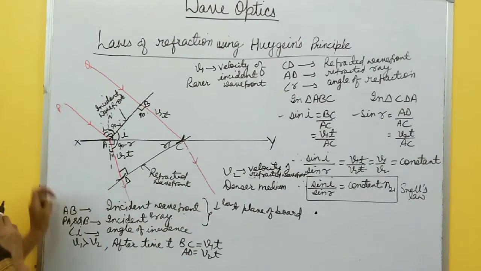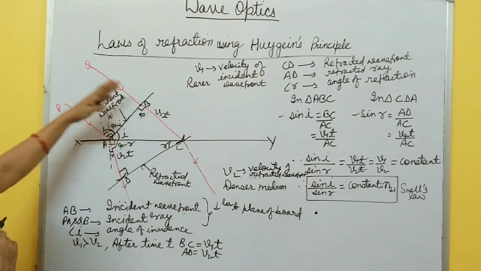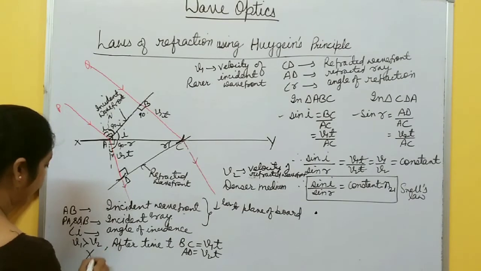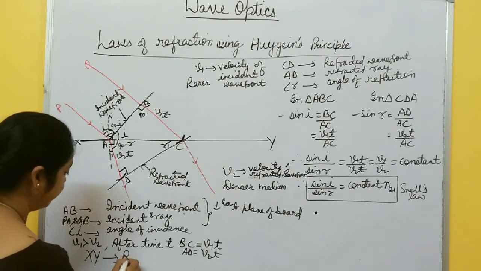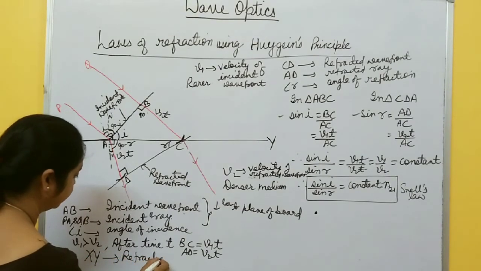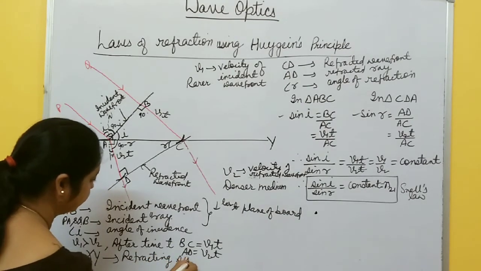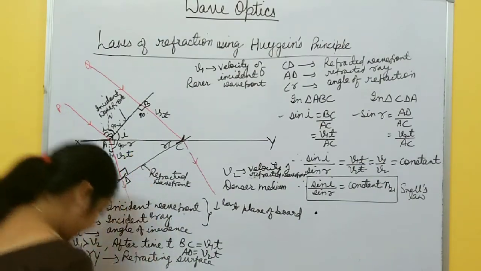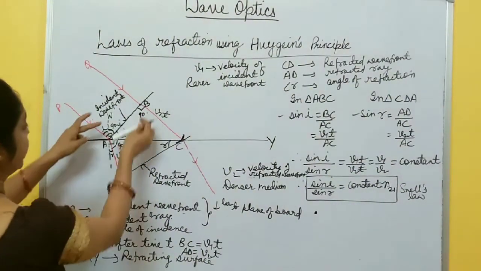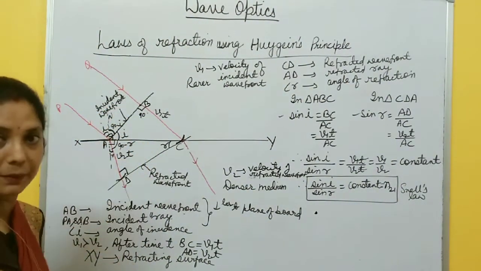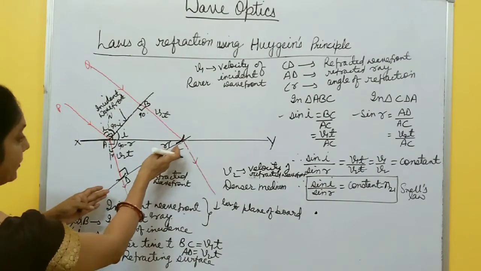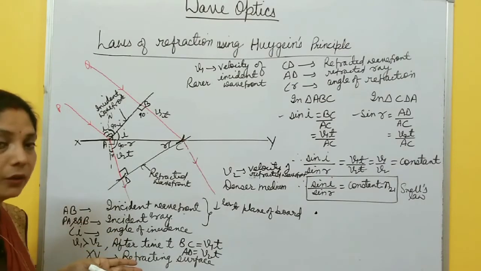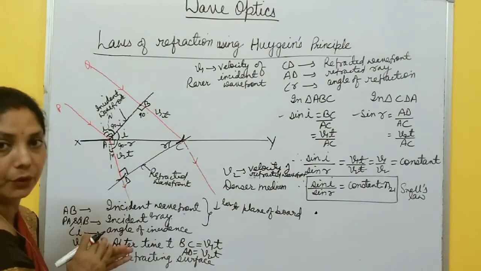To correct this sentence, AB is the incident wavefront, and XY, which I have not written, is the refracting surface. So this refracting surface, this incident wavefront, and this refracted wavefront, all three are mutually perpendicular to the plane of this board.